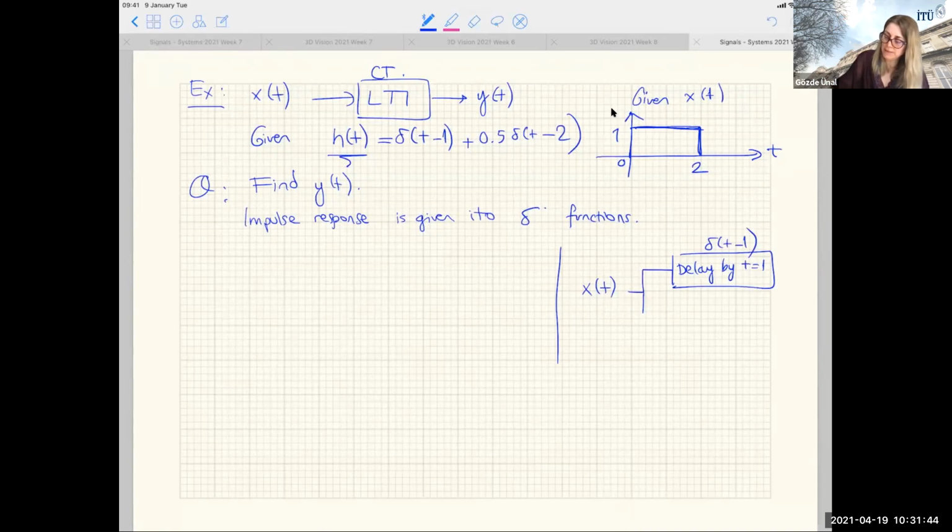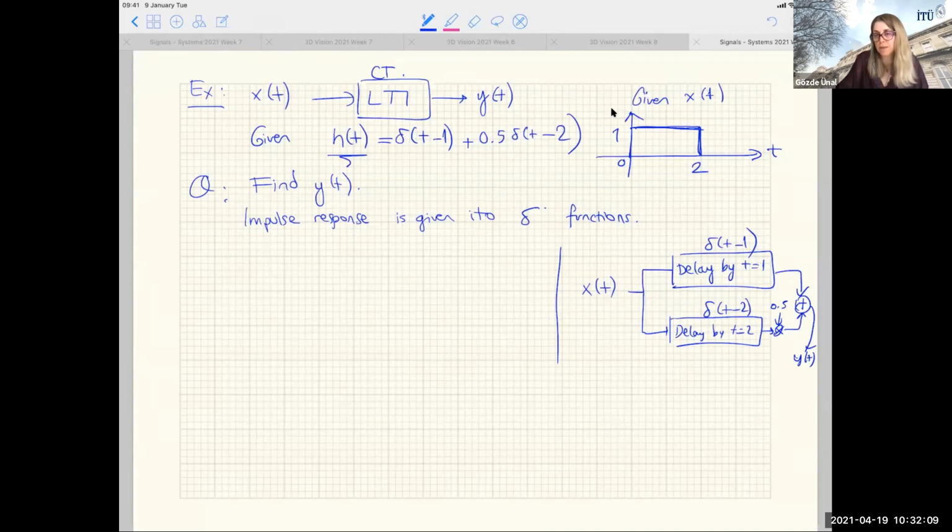And then delay by 2, another delay system, but also multiply by 0.5, and add them up. This will be delta t minus 2, then multiply the output by 0.5 and add them up, right? Does this make sense? Yeah.